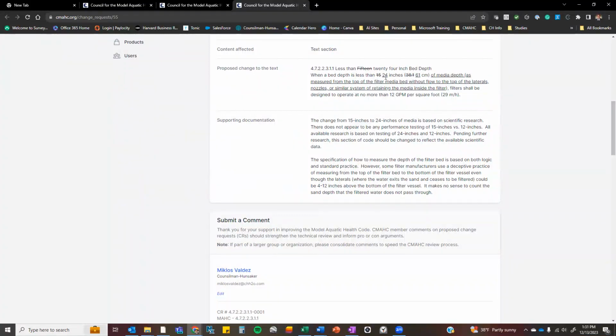In the next section down from what we just talked about, it would update when the bed depth is less than 15 inches, it just updates it to 24 inches, and keeps the same filtration rate. I'm going to say, going along with the last one, that it's mixed. And to look at it to be added for the annex.